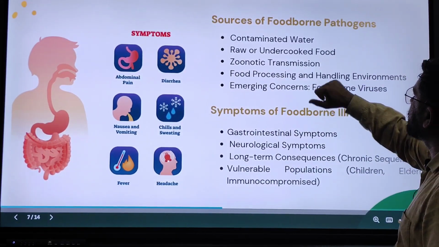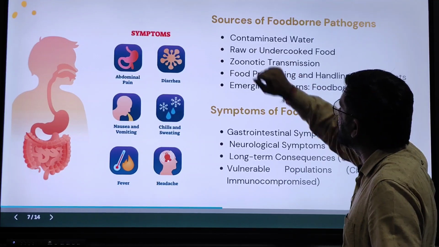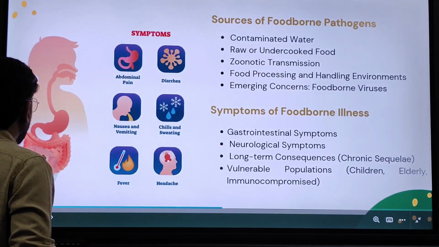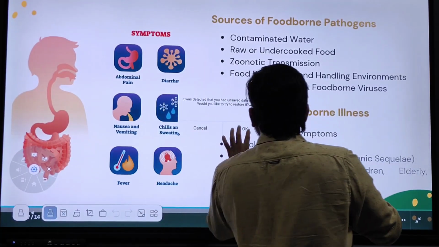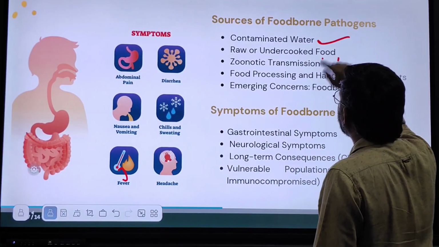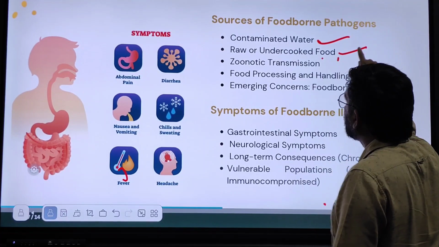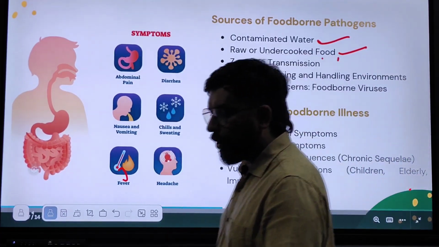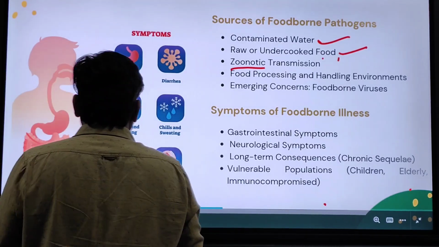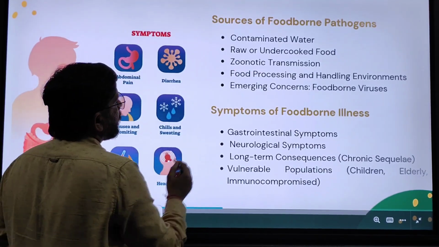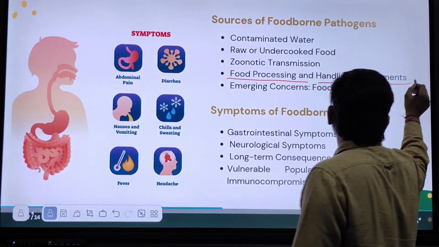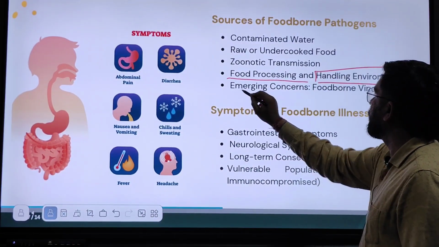We have already discussed the sources of contamination: contamination of water, undercooked food, zoonotic infections, and food processing and handling of food in the environment.